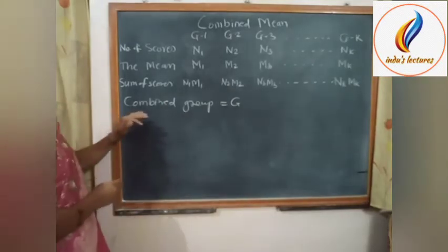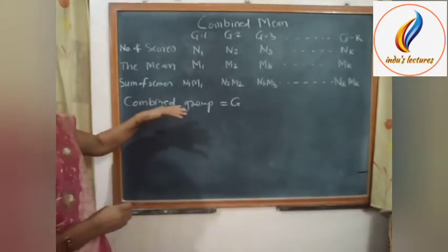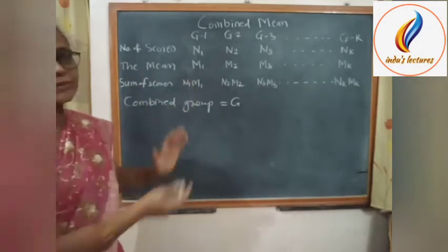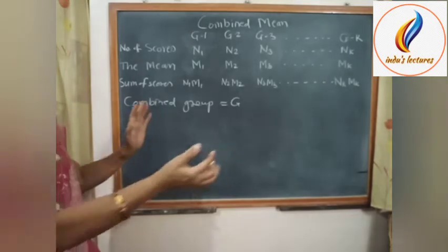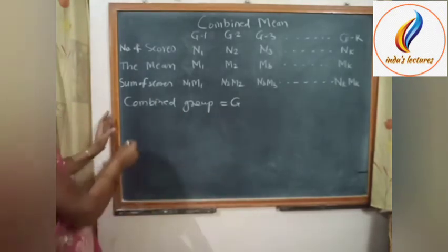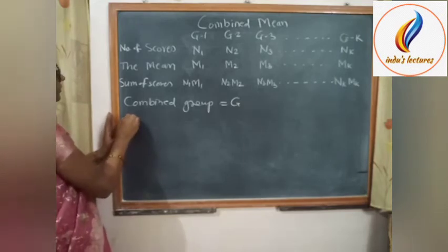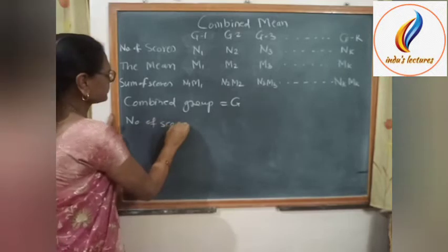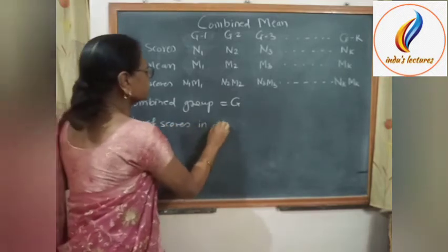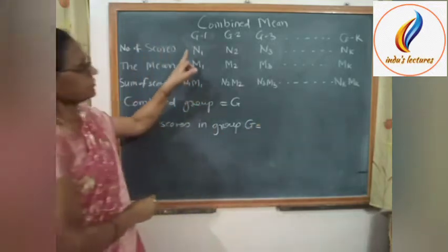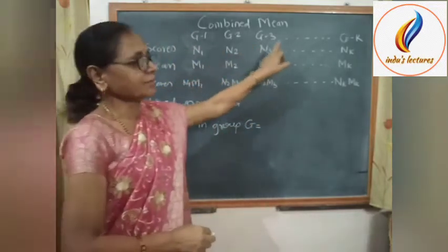That means we have to find the sum of all scores when all these groups are combined and the total number of scores in that combined group G. So the number of scores in group G is equal to N1 plus N2 plus N3 up to Nk.